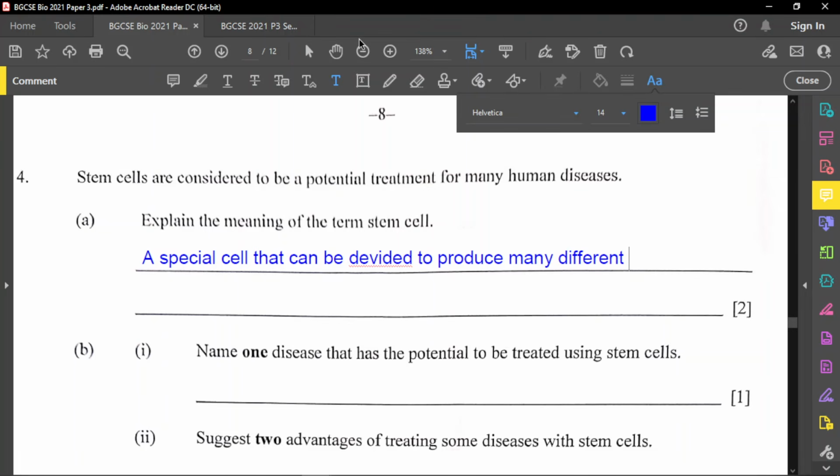Okay, to produce many different types of cell. And that's very important, because stem cells are those cells that can make many other different types of cells. All right, so just to make sure that we have that correct.